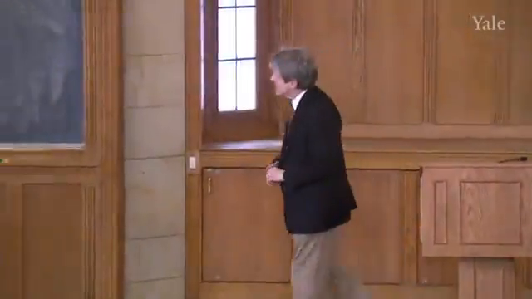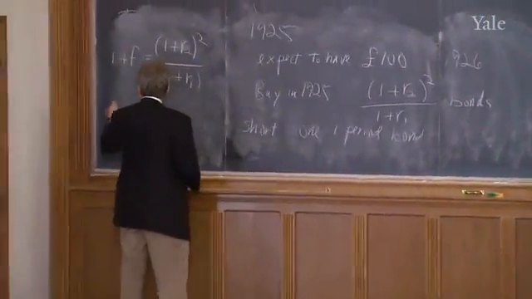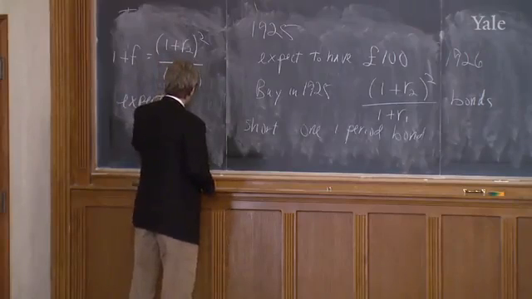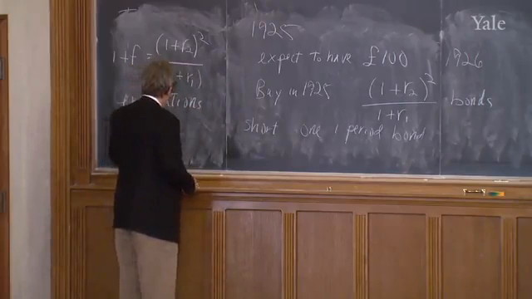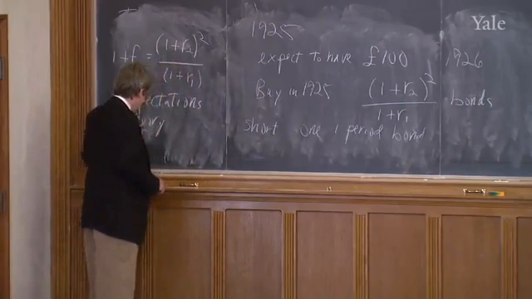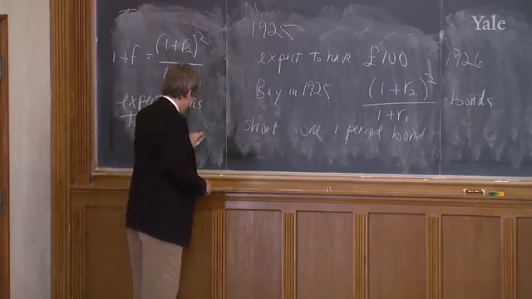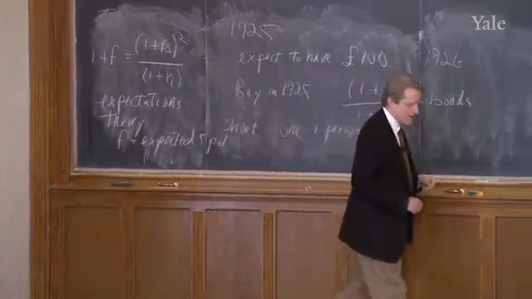The expectations theory of the term structure is a theory that, I'll write it down, expectations theory says that the forward rate equals the expected spot rate. So you see what I'm saying?